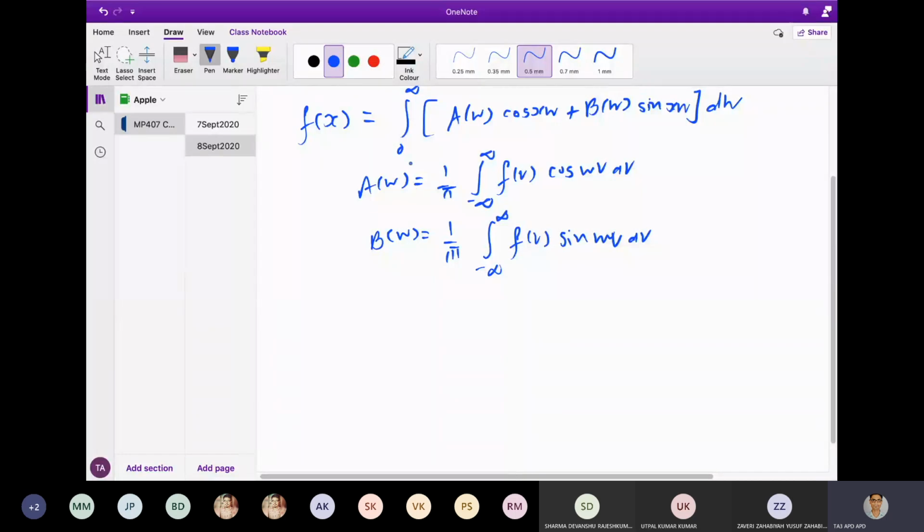Now what we want to do is to obtain the Fourier transform, which would combine both of these. So it is simply plugging in the values of a and b into this equation.